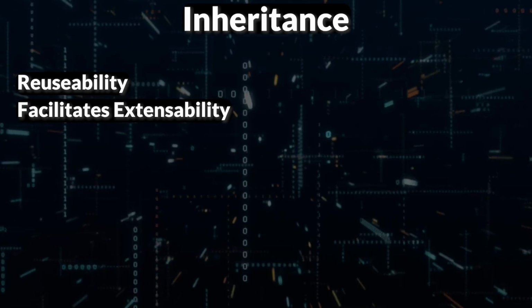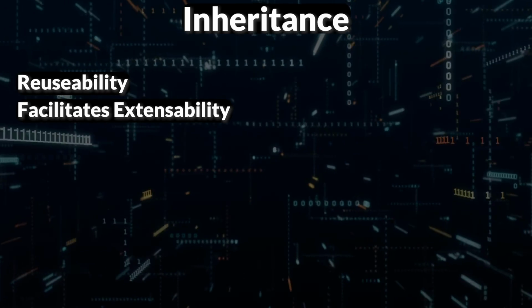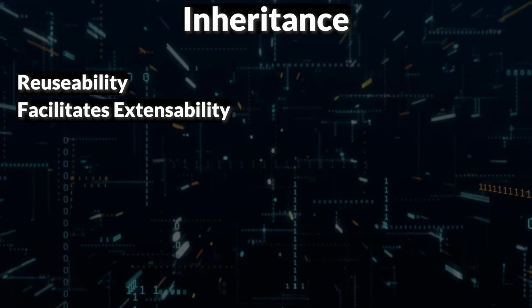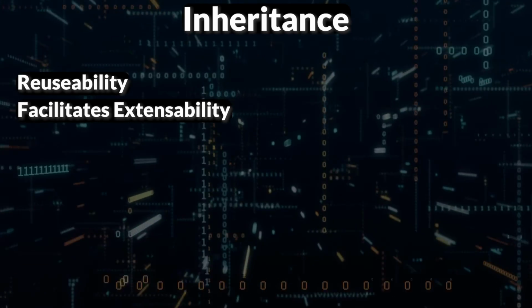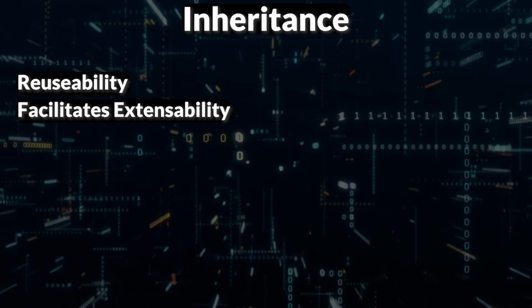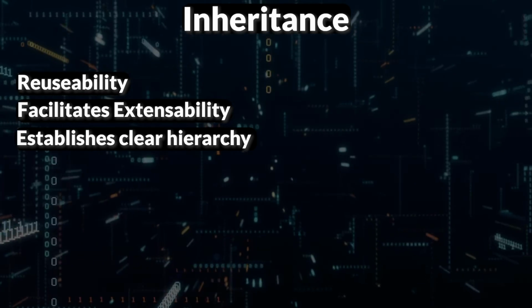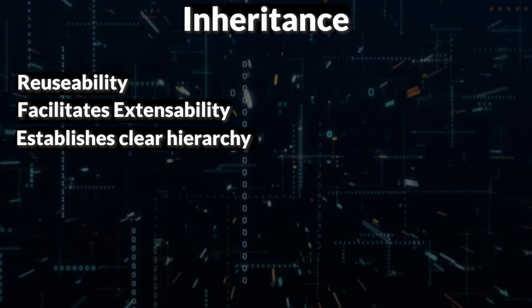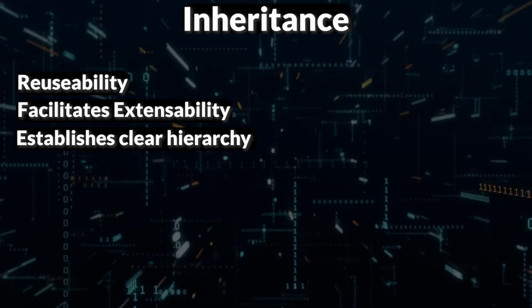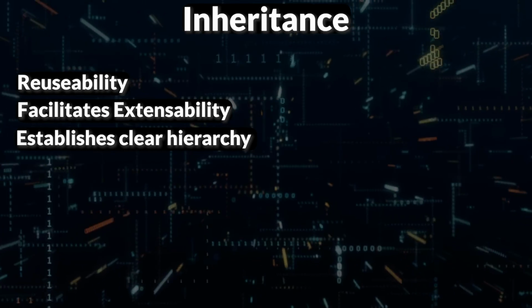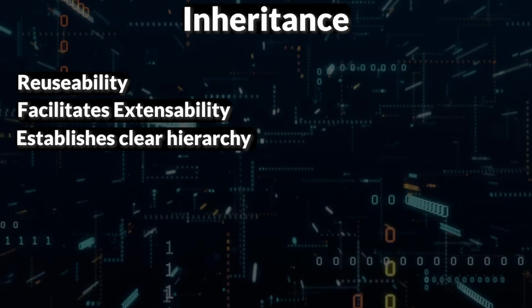Secondly, inheritance facilitates extensibility. A subclass can not only inherit, but also expand upon the functionality of the base class by adding new attributes and methods or altering existing ones. Lastly, it establishes a clear hierarchy among classes, simplifying the understanding of relationship between various program components. Through inheritance, Python programmers can create more structured, efficient, and scalable code.